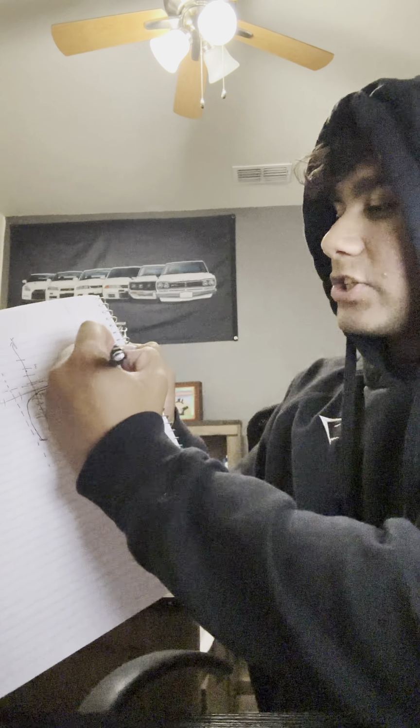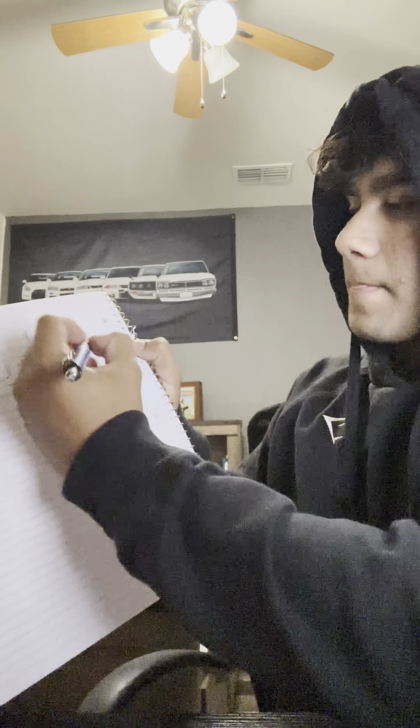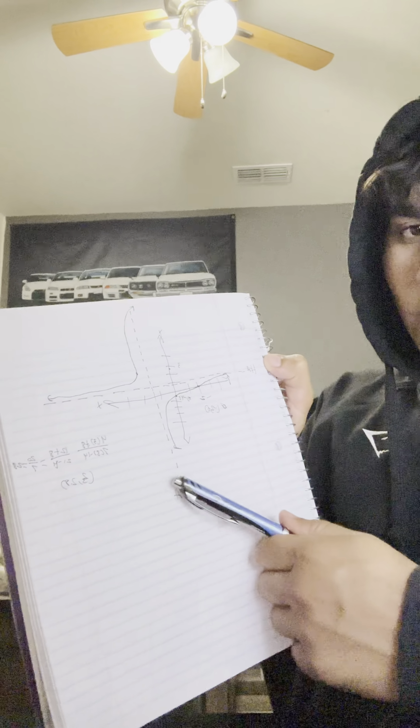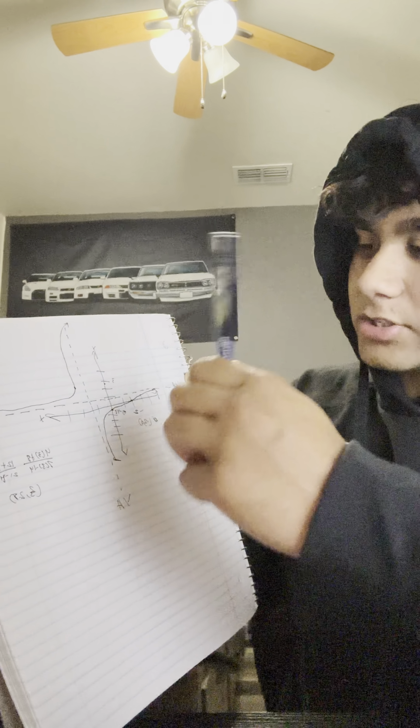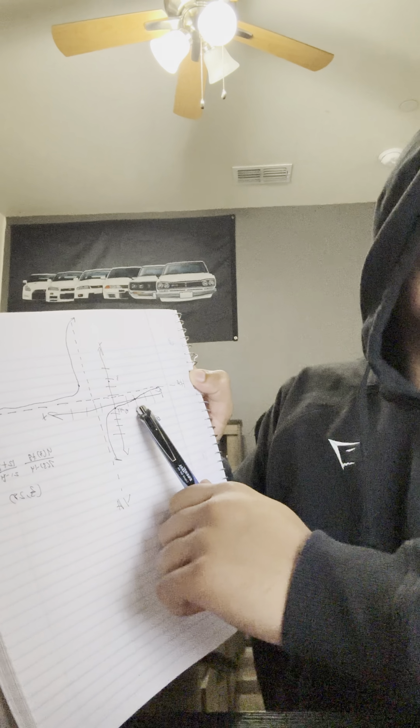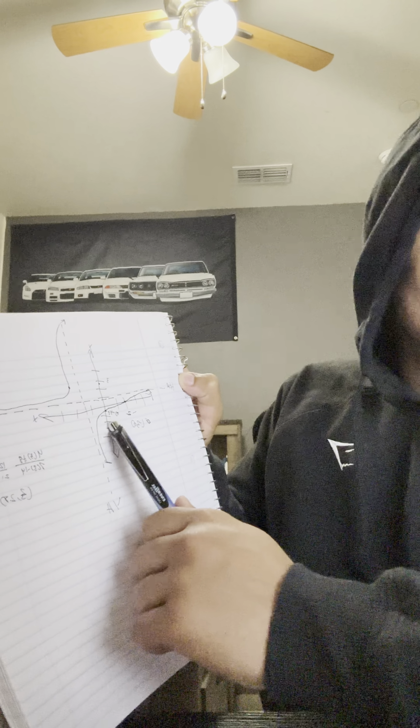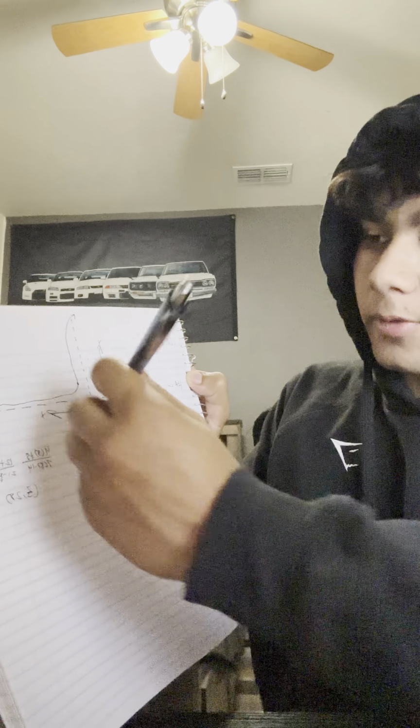Our horizontal asymptote is right here. This is our HA, VA, x-intercept -2, y-intercept -4/7, and then this is our other point right here, which in coordinates would be 3, 2.8.